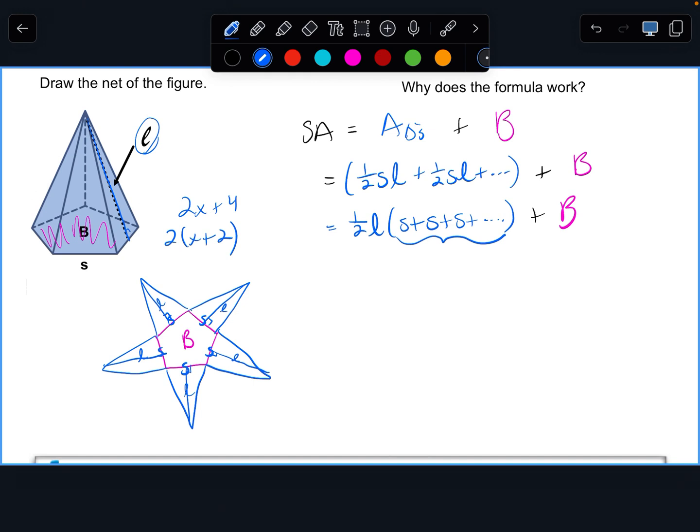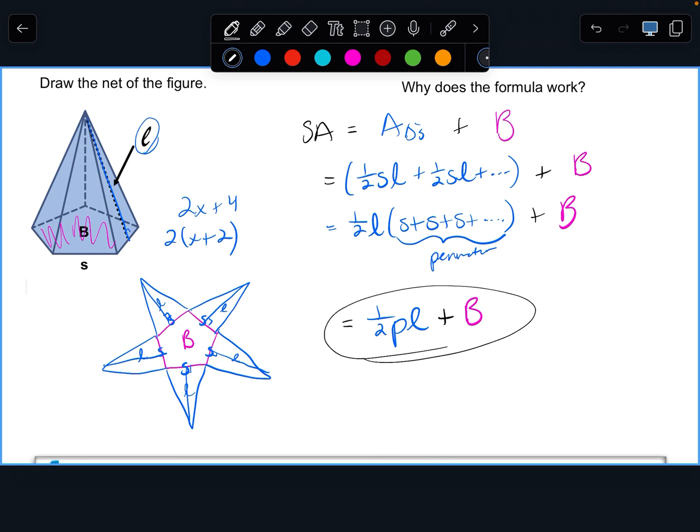All the S, yes, perimeter. Nice. So the formula for this is 1/2. They usually write the P first, there's no rhyme or reason. They usually do PL and then plus whatever the base. So that's where it comes from.